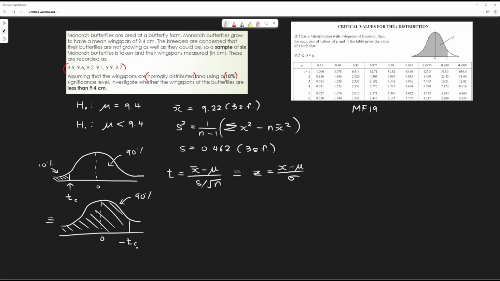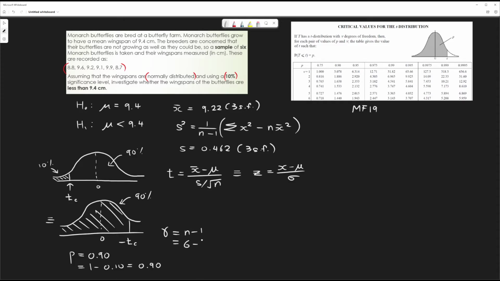So how do I find negative TC? Well, we know that this is 90%. So our P, the percentile, is going to be 0.90. Alternatively, you could also do 1 minus our significance level, which is 0.90. Next, we need to work out the degrees of freedom, gamma, which is basically n minus 1.